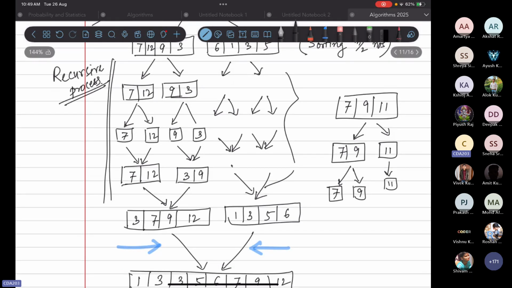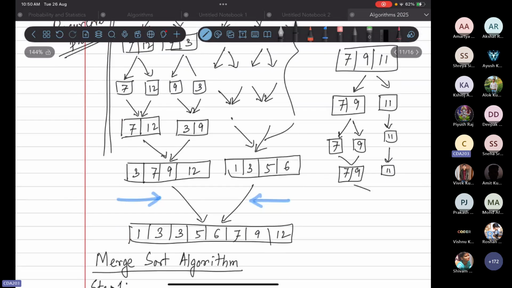While solving it recursively, if I combine them together, I'll have 7, 9, and then 11 as it is, and when I combine these two, I'll get 7, 9, and 11. So the point is, although I'm saying I'll divide it into equal halves, it's not exactly equal; I'll say roughly equal.